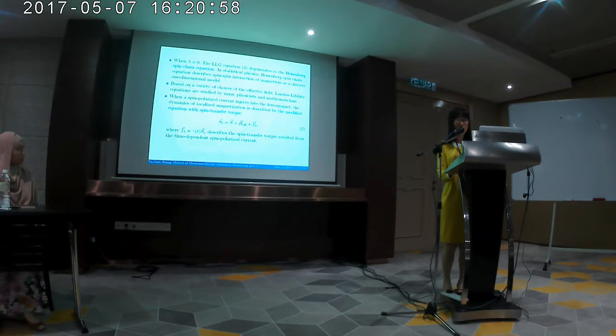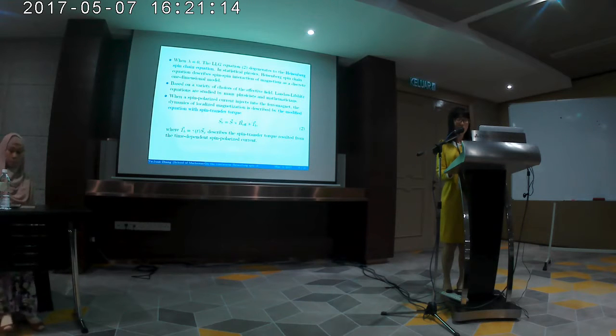In statistical physics, the Heisenberg spin chain equation describes spin-spin interaction of magnetism as a discrete one-dimensional model based on a variety of choices of the effective field, H_eff. The Landau-Lifshitz equation has been studied by many physicists and mathematicians.